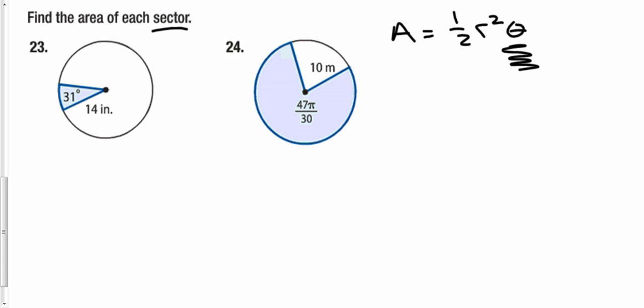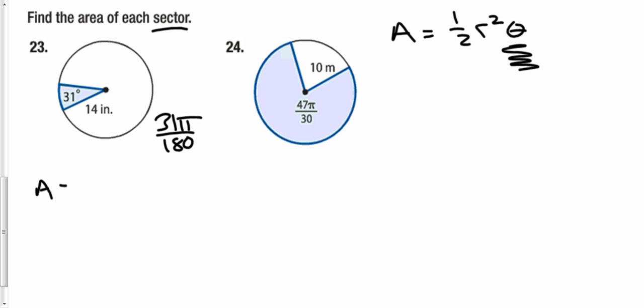So to do the first one, we have to change 31 degrees to radians. So we have 31 over 180, so 31 degrees in radians is 31 pi over 180. It doesn't really simplify any better than that.